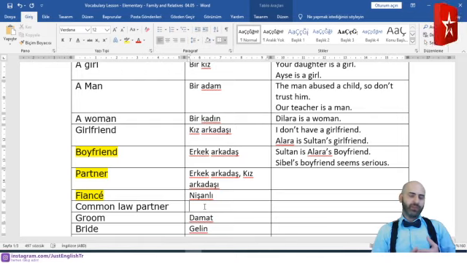They are not married, but they live together. They live together for 5 years, 10 years, 15 years, but they are not married. This kind of person, we can say common law partner, okay? So it's like a wife or husband, but not officially. You don't have any document.